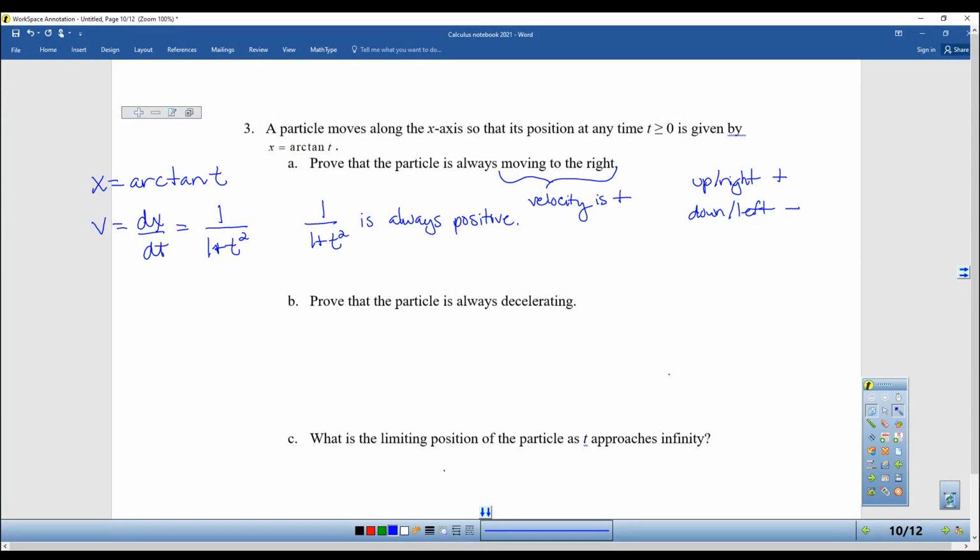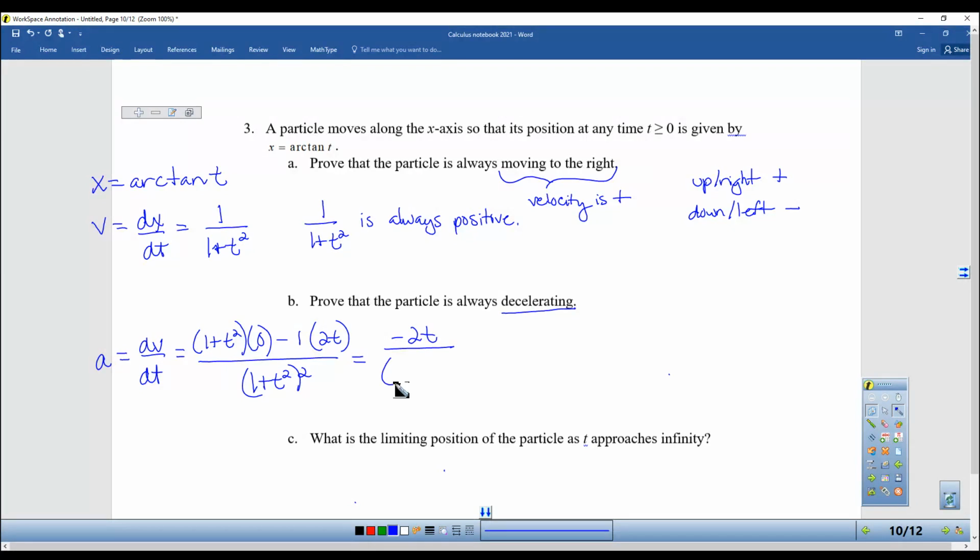Prove that the particle is always decelerating. So now I need the next derivative. So I'm taking the derivative of the velocity. I'm actually not doing an inverse trig function anymore. This is just straight up quotient rule. The bottom times the derivative of the top minus the top times the derivative of the bottom all over the bottom squared is negative 2t over 1 plus t squared squared.